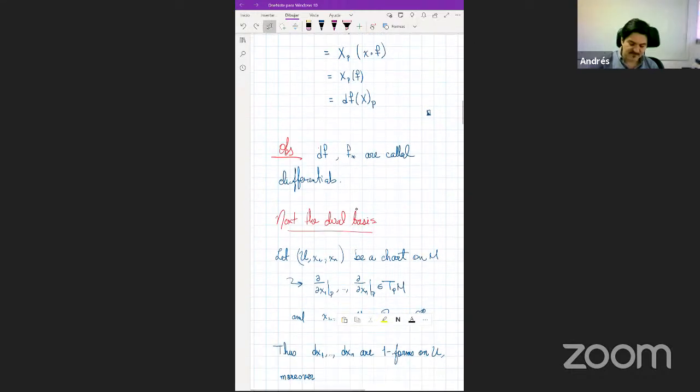So, first of all, we take this as in the definition above, and because these are real valued functions, they are smooth, we can talk about these one forms. That's the definition that we had from the beginning of the class.